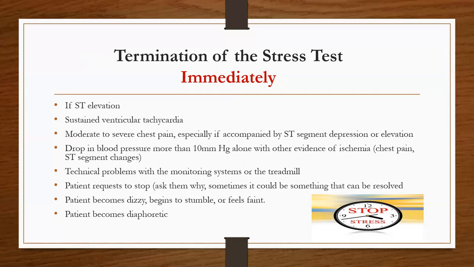So you want to make sure you ask them why. Now, if it's for any symptoms, they're dizzy, they feel faint, or diaphoretic, you definitely want to make sure you stop the test immediately.